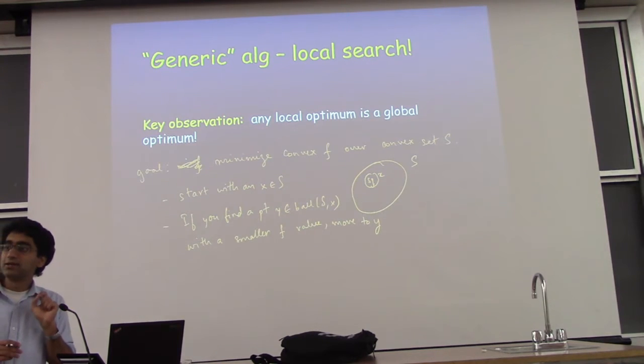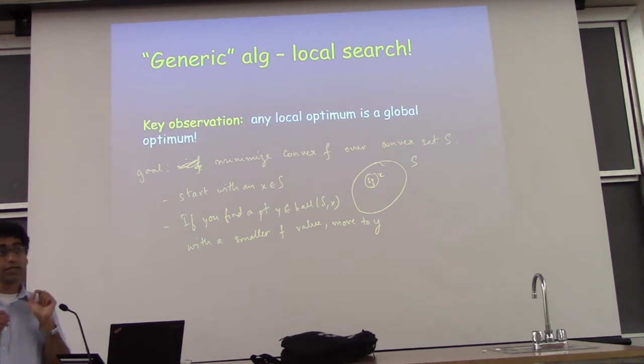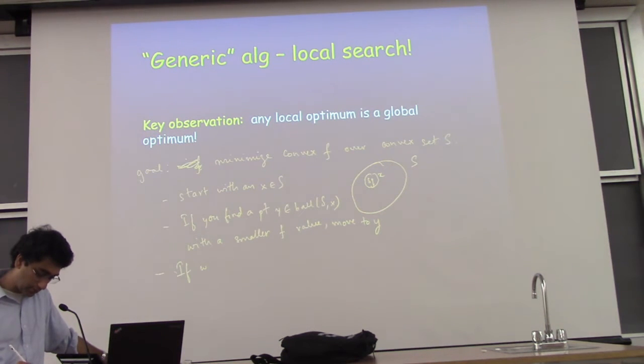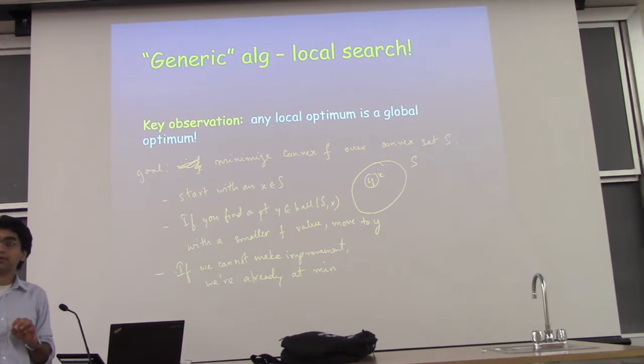Now the claim is, if you can no longer make an improvement like this, then you're already almost at the minimum. So the claim is, if we cannot make an improvement, we are already at the minimum.